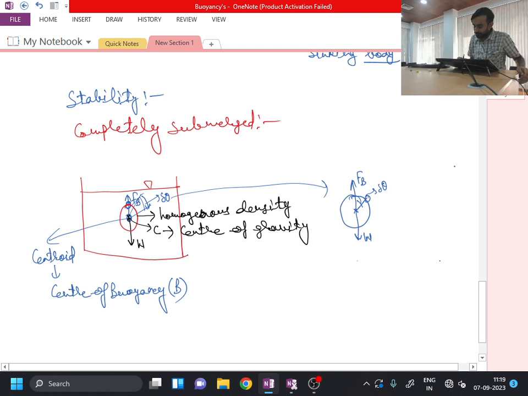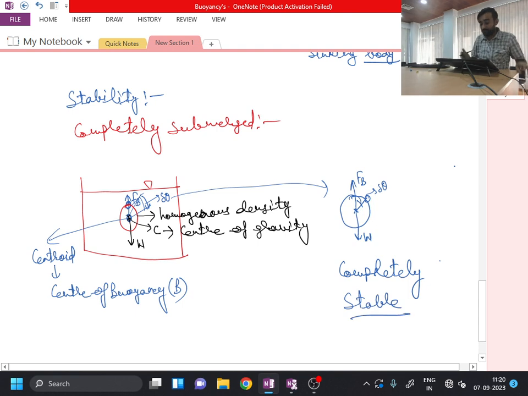This is called a completely stable situation. So for a fully submerged body, if the center of buoyancy and center of gravity are at the same point, then the situation will be completely stable.